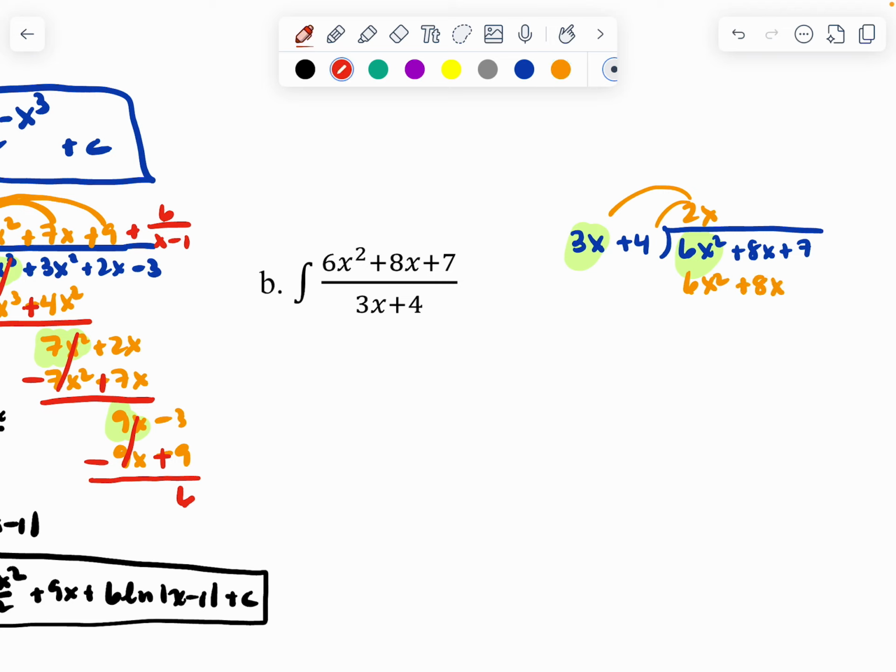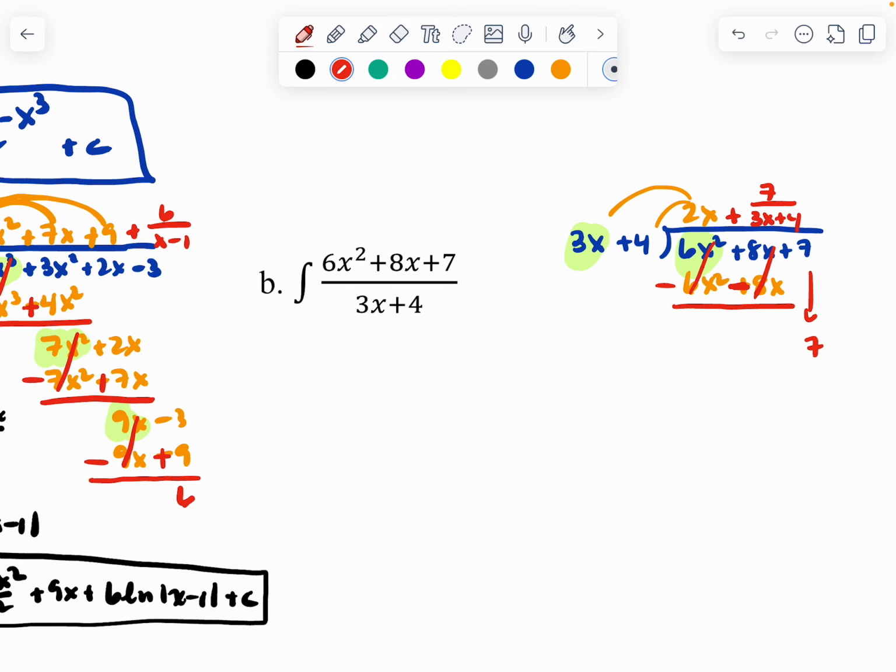And then if I draw the line and change both signs, oh my gosh, they both cancel out. That's okay. And then I just have a remainder of 7, right? The 7 is the last thing that's left over. 3x does not go into 7. So you guys, it's 2x plus the remainder of 7 over what you divided by in the first place.